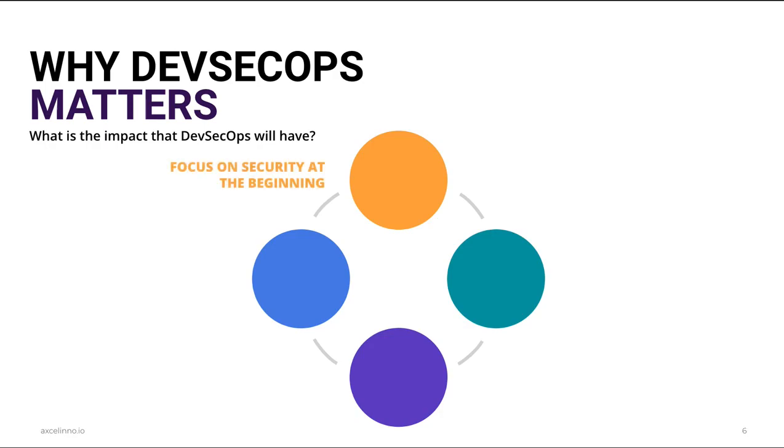One is we want to focus on security at the beginning. Why? When we focus on security at the beginning, remember we mentioned Dev, Sec, and Ops all together on the same page, same time. When we focus on this together, everybody's thinking about it. Remember that shared responsibility, that distributed responsibility, doing these things at scale. So by, again, focusing on security at the beginning, what do we start to do?